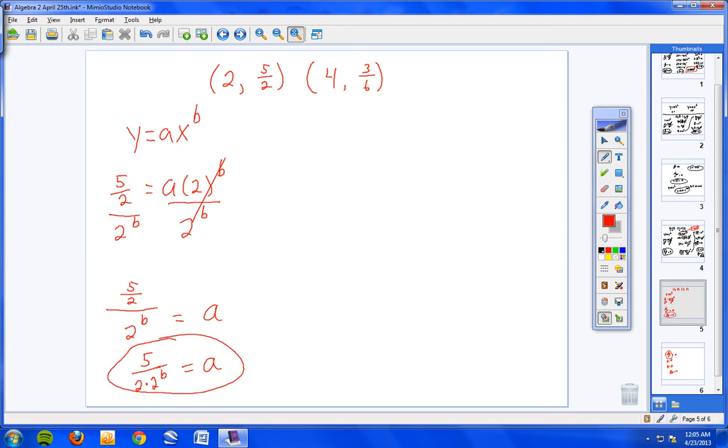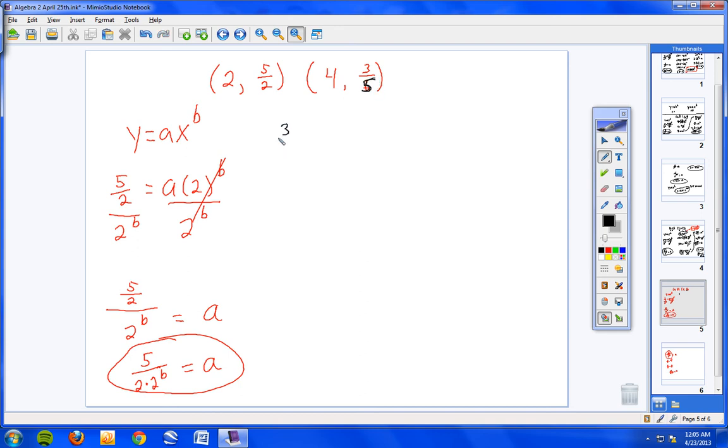I'm going to go ahead and change ink for part 2. Okay, step 2 says to substitute your other ordered pair into the equation. And also, I'm going to go ahead and put a in, okay, at the same time to make this a little easier. So for y, I'm going to substitute 3/6. In fact, I don't think that's 3/6. I copied that. If you look in your notes too, this should be a 5 right here. So please fix that in your notes. All right.